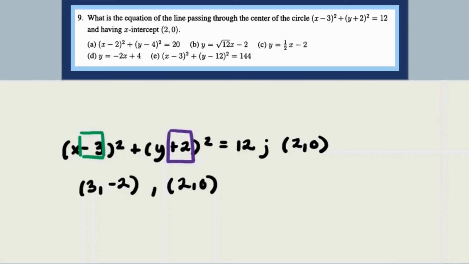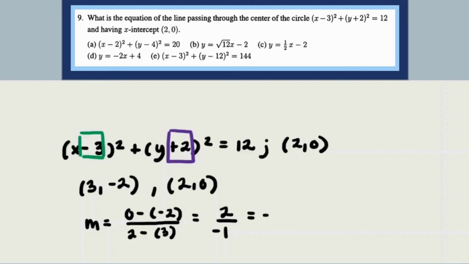So m equals y2, which is 0, minus negative 2, which is y1, all over x2, which is 2, minus 3, which is our x1. 0 minus negative 2 is like saying 0 plus 2, which is going to be 2. And 2 minus 3 is going to be negative 1. And when we simplify that, it becomes negative 2. So now we have our slope.